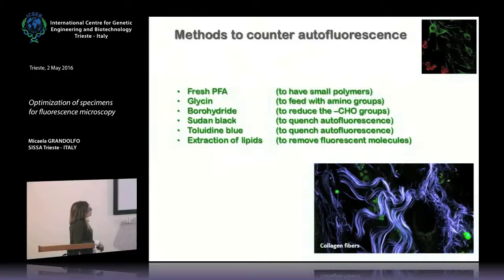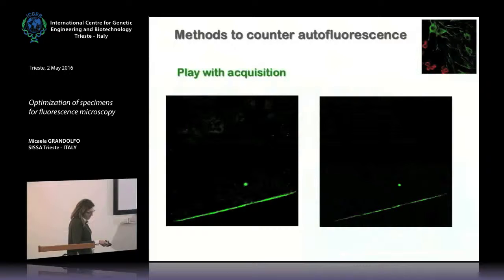And in the case of lipofuscin and elastin, you can quench the fluorescence with Sudan black or toluidine blue. You can search on the net. There are a lot of protocols concerning the use of Sudan black or toluidine blue. And finally, you can extract the lipofuscin with alcohol or acetone fixation.